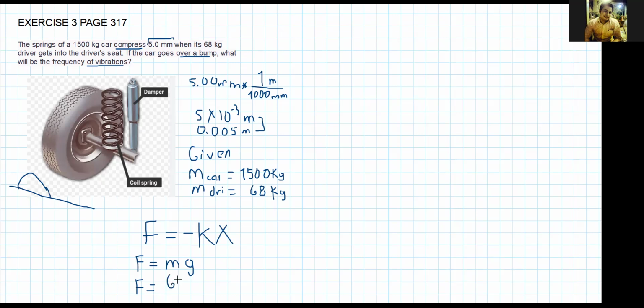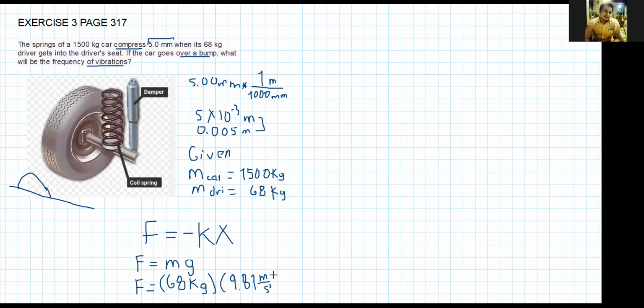So it's 68 kilograms multiplied by 9.81 meters per second to the second power.